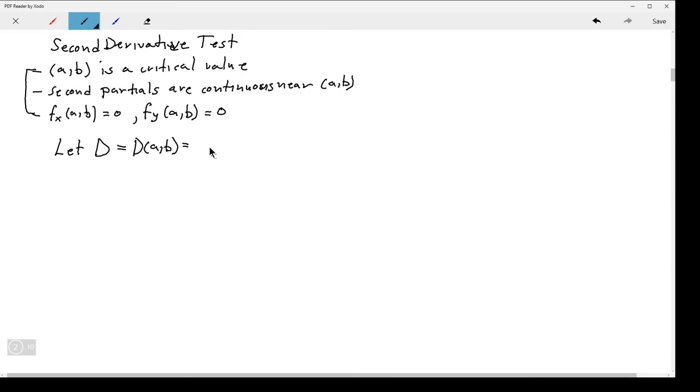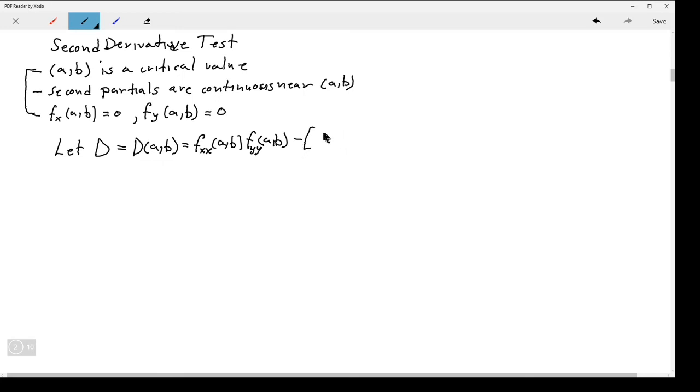So D of (a, b) is going to be the second partial of x with respect to x at (a, b), times the second partial of y with respect to y at (a, b), minus, now we need to multiply the mixed partials, but remember, if the second derivatives are continuous, then the mixed partials have to be the same.